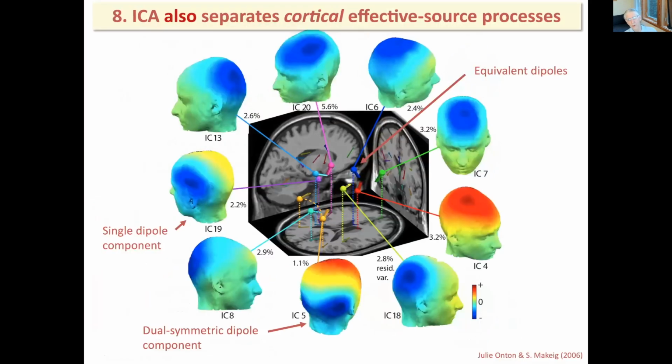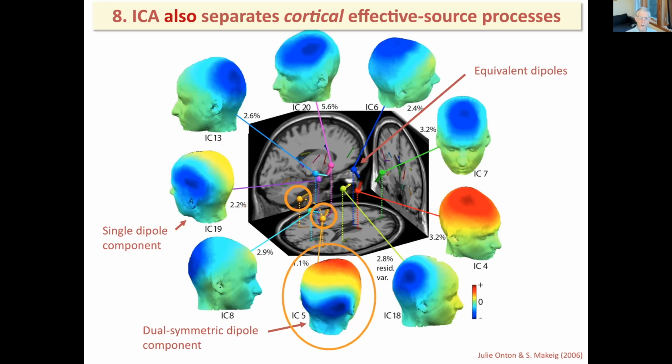Now, I showed that these effective sources include functionally distinct non-brain processes. But a typical decomposition of high-dimensional EEG data will also have some dozen or more components, processes, whose scalp projections almost perfectly resemble that of an equivalent dipole, which can be the equivalent of synchronous activity within a cortical patch.